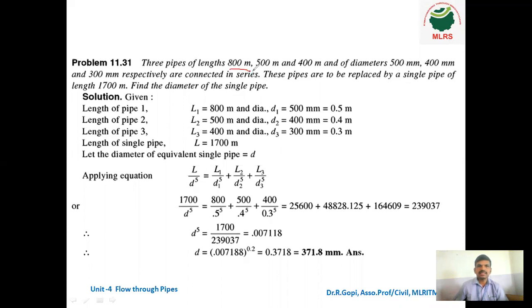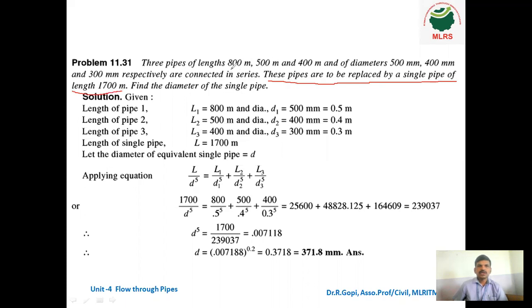The previous one is the length of the pipe, and this one is the diameter. The 3 pipe lengths and 3 pipe diameters are given, and the pipes are connected in series. These pipes are to be replaced by a single pipe of length 1700 meter.